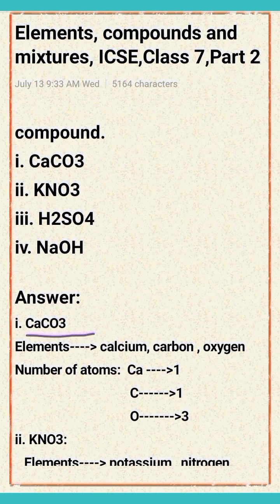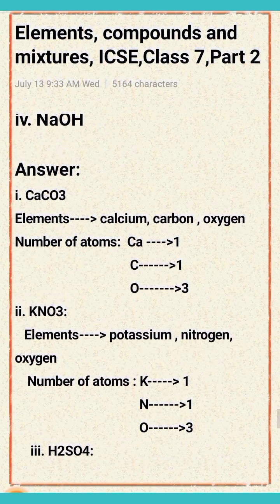The elements are calcium, carbon, oxygen. Number of atoms: Ca, that is calcium, 1, carbon 1, oxygen 3.